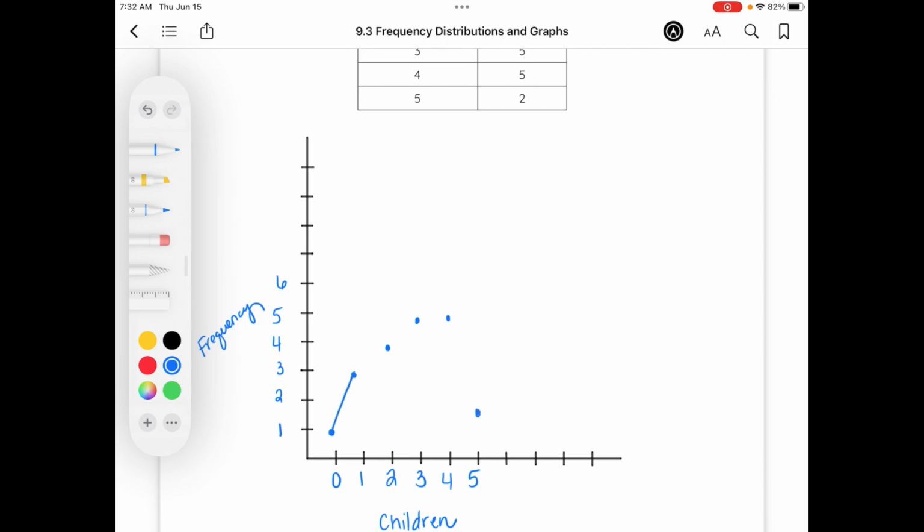And then we use a nice straight line as best we can to connect each of these points.